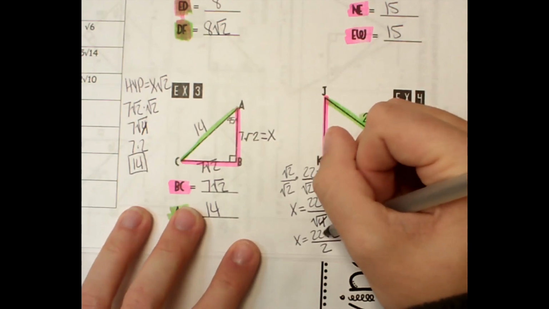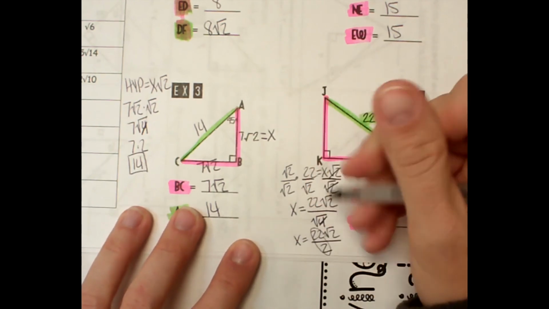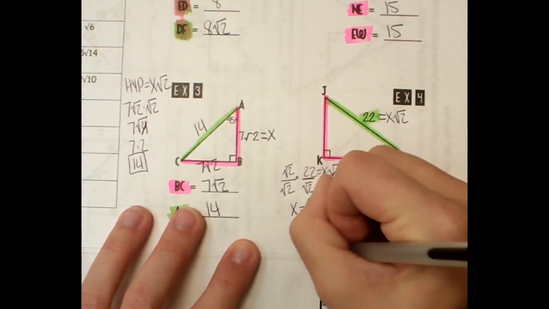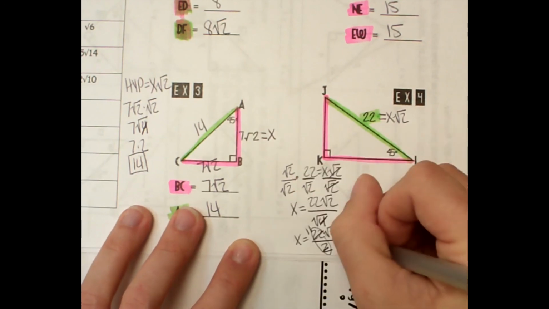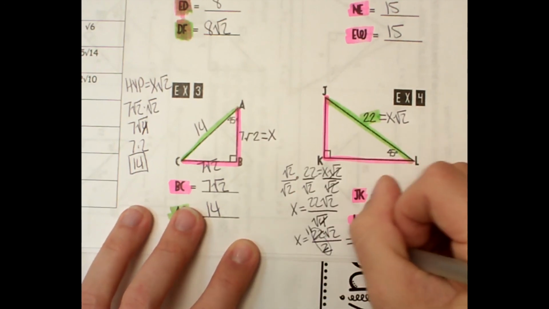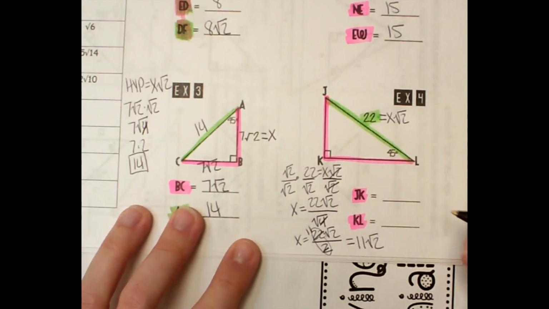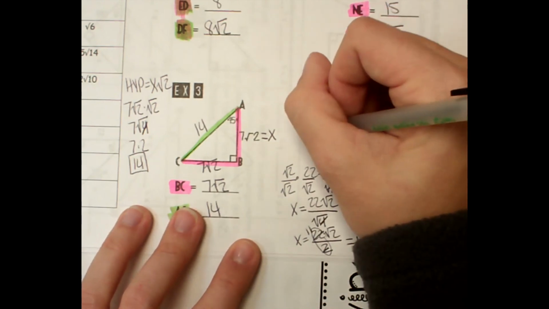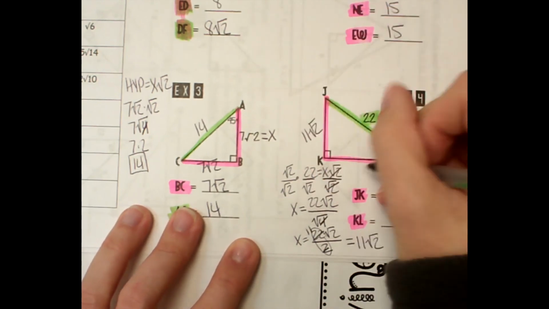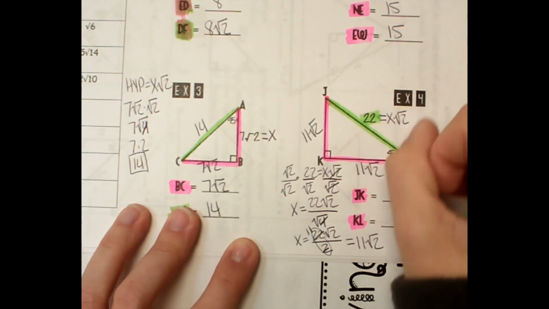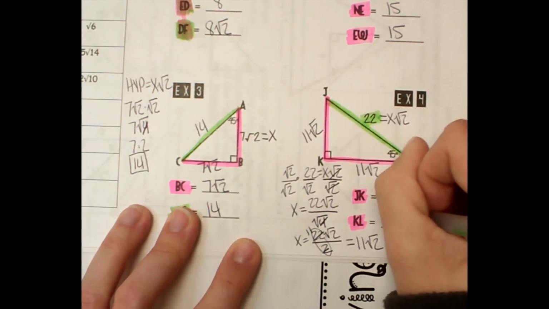Then we still need to simplify a little bit more, because 22 divided by 2 simplifies to 11. So you get that x is equal to 11 square root of 2. So that means that this leg is 11 square root of 2, and this leg is 11 square root of 2.